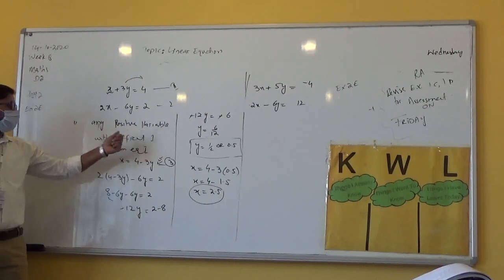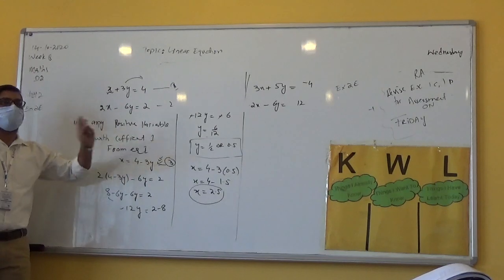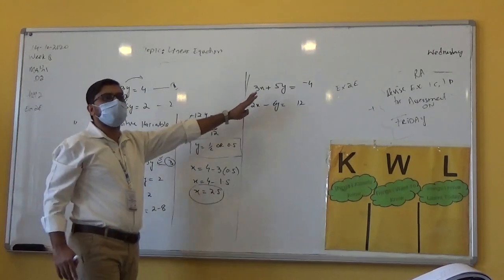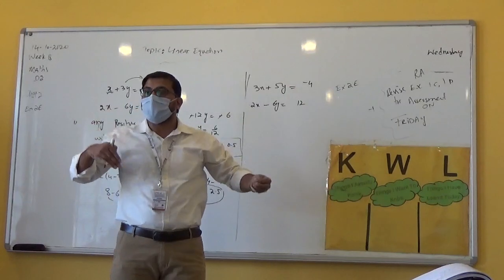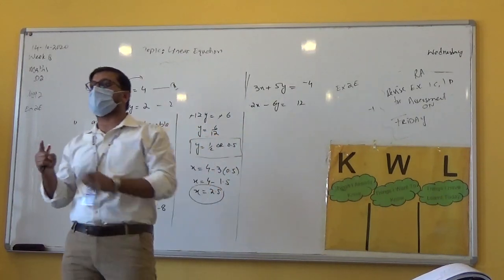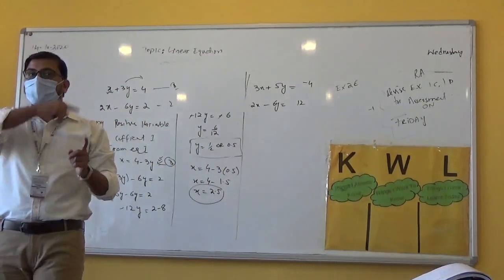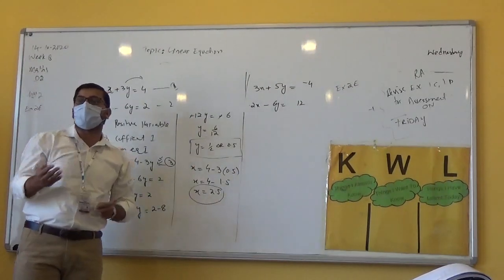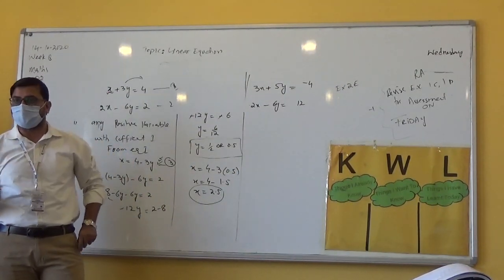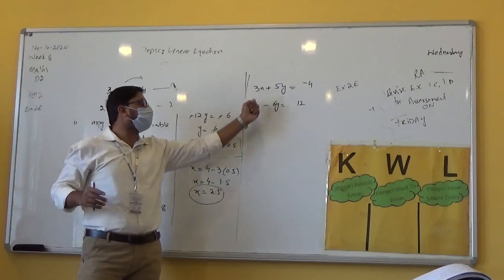Any positive variable with coefficient 1. Do we have any positive variable with coefficient 1 over here? No. Every variable has a coefficient more than 1: 3, 5, 2 and 6.